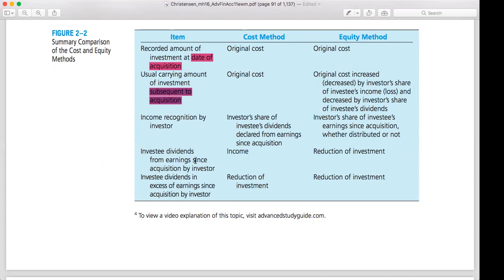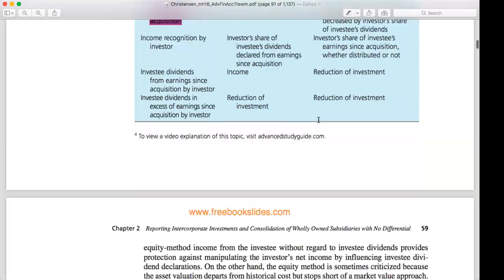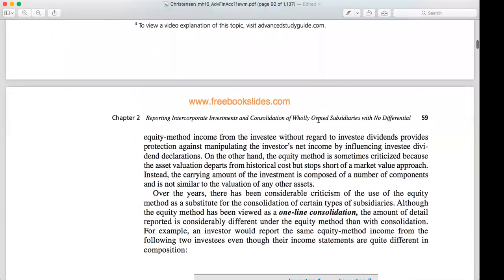With regard to investee dividends in excess of earnings since acquisition by the investor: before it was investee dividends from earnings since acquisition, but this one is in excess of the earnings, right? So in the cost method, it will reduce the investment, or there is a reduction of investment. Okay.